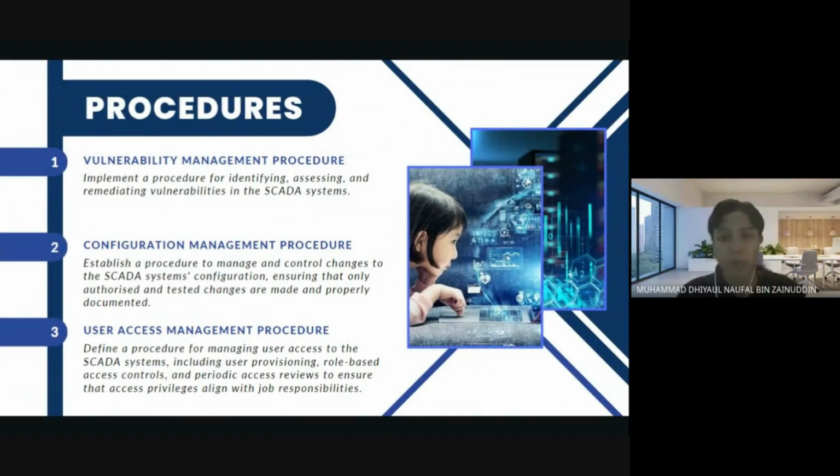So next, procedures. First one is vulnerability management procedure. Implement a procedure for identifying, assessing, and remediating vulnerabilities in the SCADA system. The SCADA vulnerability management procedure identifies, assesses, and fixes vulnerabilities. It requires utilizing specific tools to scan for system vulnerabilities. Based on severity, impact, and exploitability, vulnerabilities are prioritized.